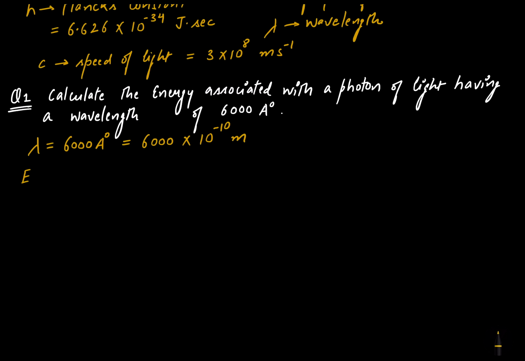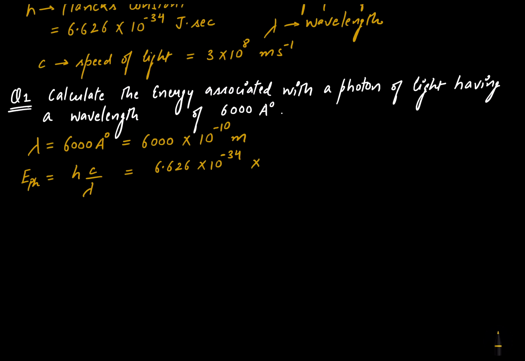Now let's talk about the energy of the photon. The formula is h c by lambda. The value of h is 6.626 into 10 to the power minus 34.